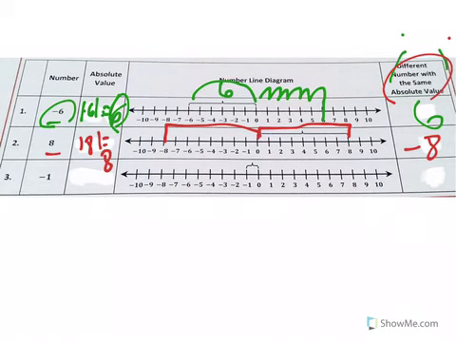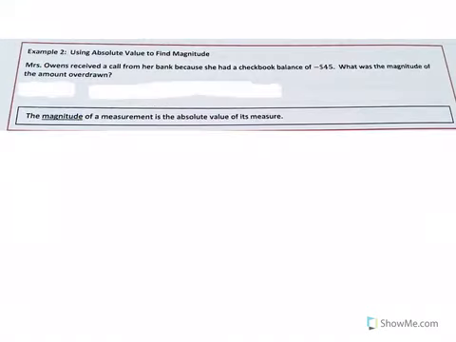Hopefully you're starting to see a pattern here. Negative 1. The absolute value is 1 because it's 1 away from 0. Another number that has an absolute value of 1 that isn't negative 1, positive 1, right? Because it's 1 space over.